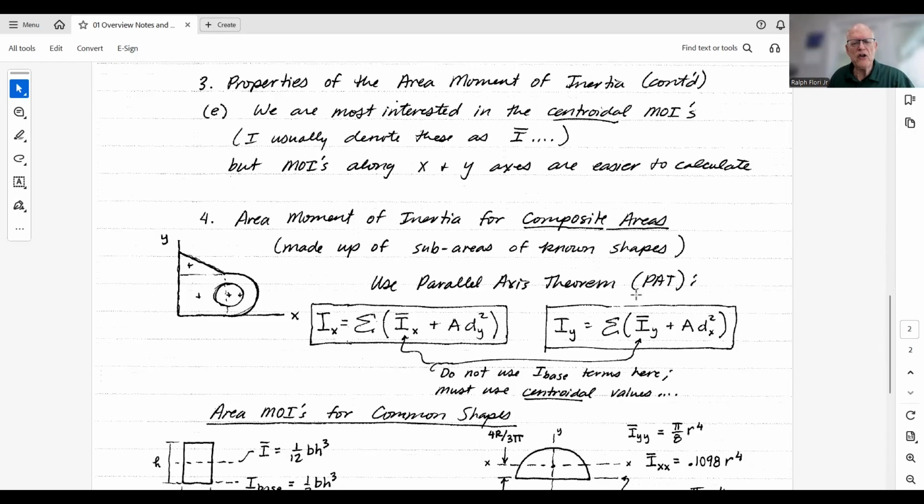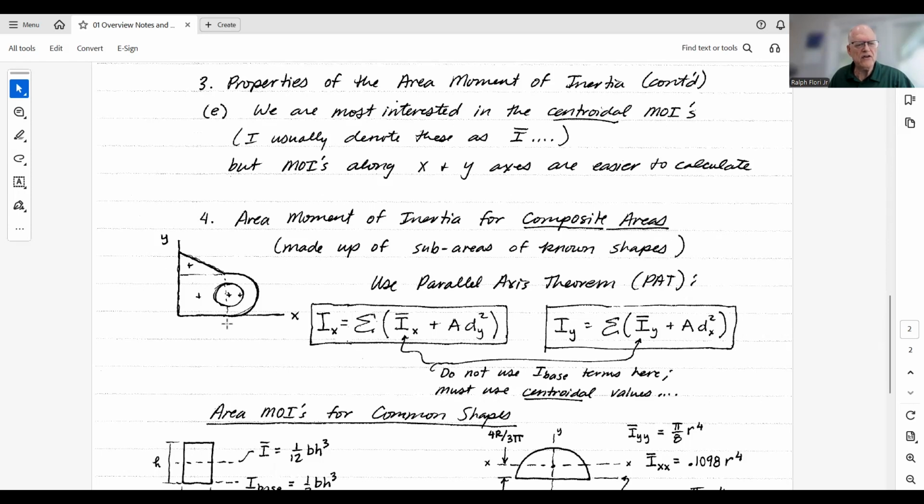You're going to use the parallel axis theorem to do it. And so, for example, for this particular shape, the I about the x-axis is the sum of the parallel axis theorem terms for each shape. So each of these shapes, like this triangle, will have an I bar about its centroidal axis, and then it has an area, and it has a distance from its centroid to the x-axis, and you're going to square that distance.